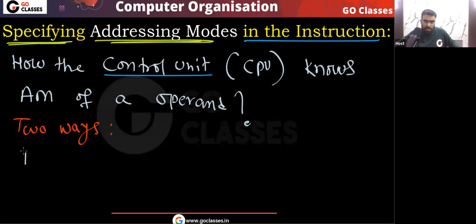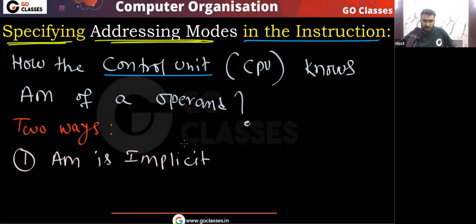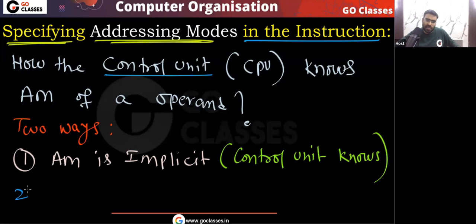What are those? The first thing: addressing mode is implicit. Implicit means control unit already knows. You don't have to do anything, and in the instruction you don't have to mention anything.